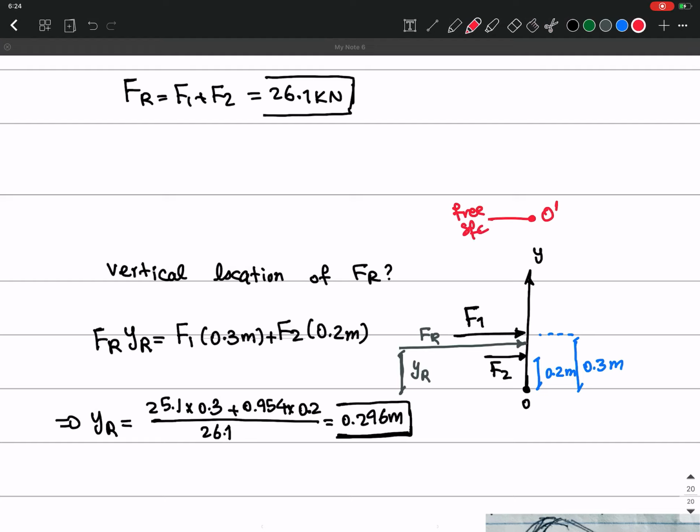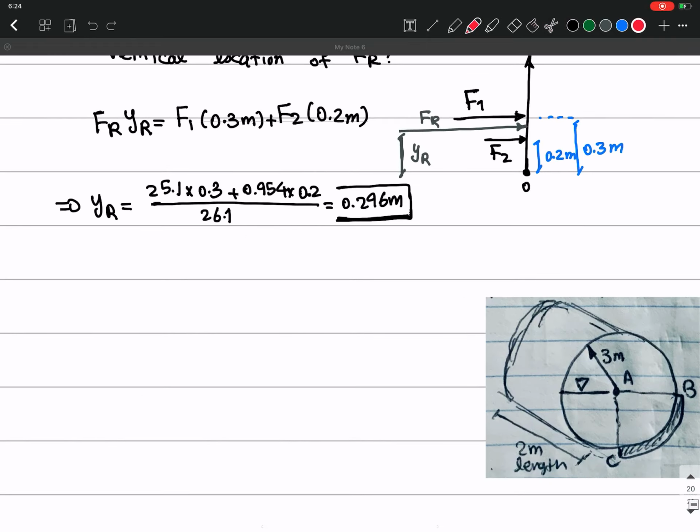And then that will give you the YR from the free surface, okay? So you're free to use any coordinate system you want. Both of them will give you the same location of the resultant force, okay?